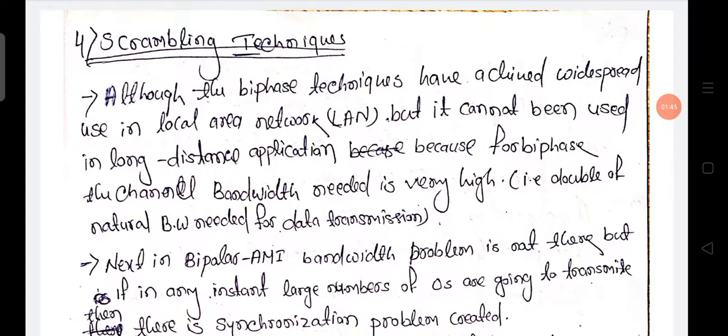Due to the costly channel, we cannot use it.